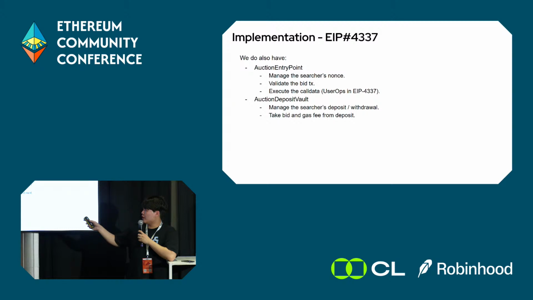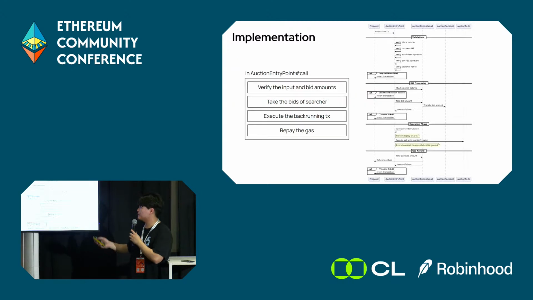We also have the auction deposit vault, which manages the searcher's deposit and the withdrawal for the bid. From the auction deposit vault, we take the bid from the searcher and the gas fee also from the deposit. So the auction entry point will call the auction deposit vault when it takes the bid and gas from the searcher.